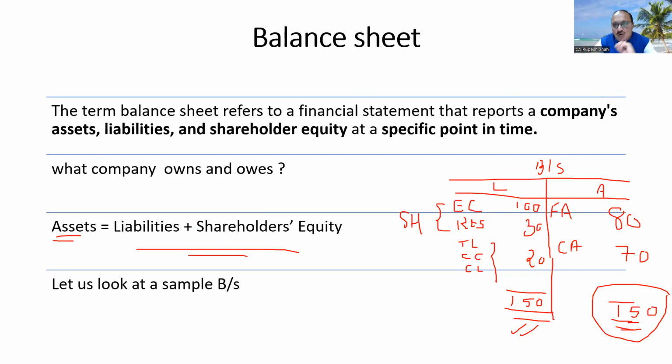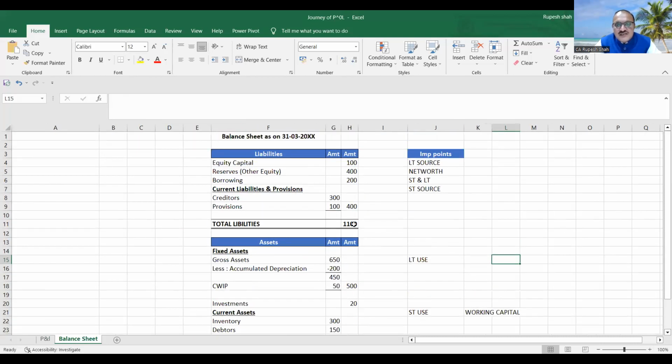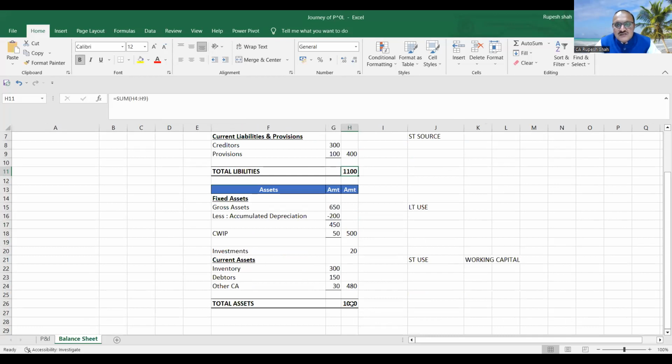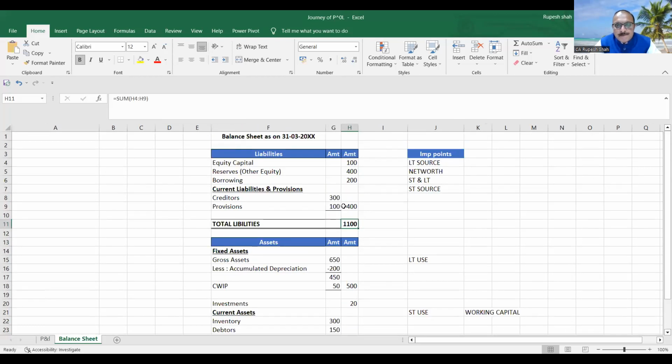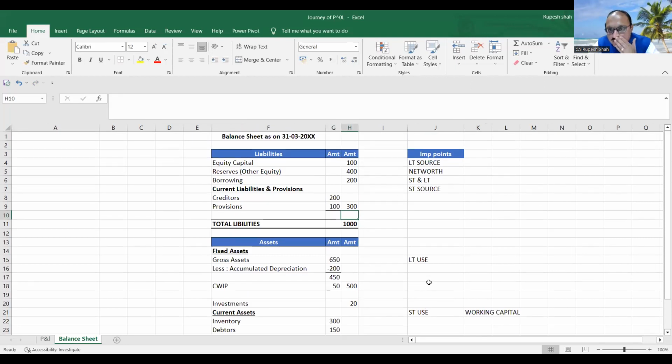Now with this background, let us understand the balance sheet, right? In the Excel format. Okay. Now, just try to see, this is a 1000 crore balance sheet, correct?